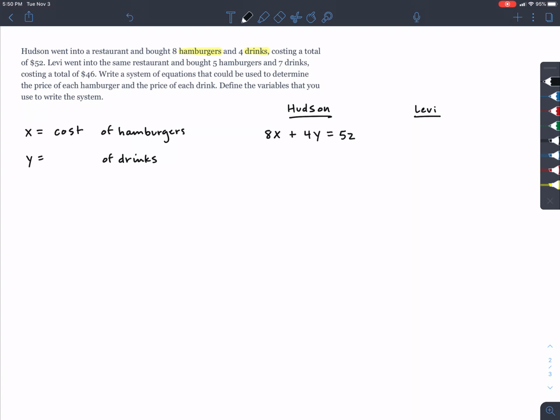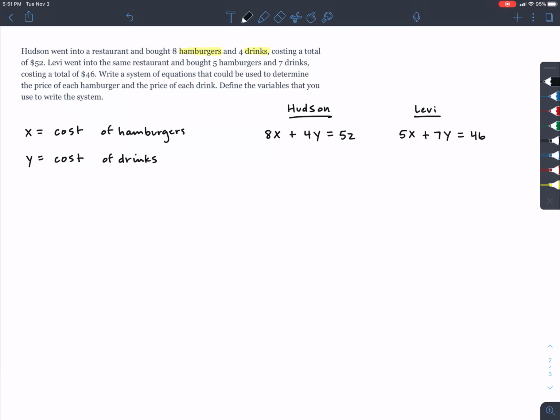And that's okay. We can still keep it as x and y. So cost of hamburgers, cost of drinks. Levi, he purchased 5 hamburgers, 7 drinks, and his total was $46. So there's our system of equations. So hopefully you were able to get that system.